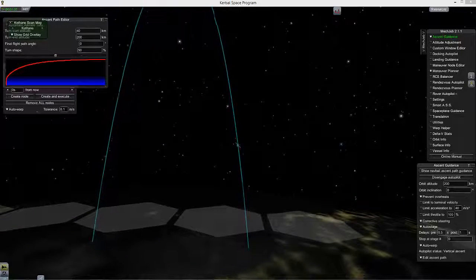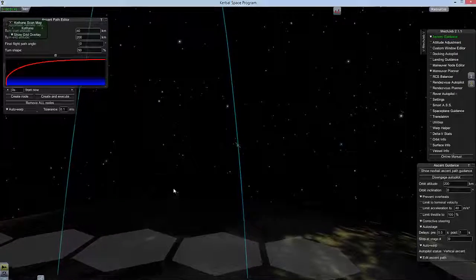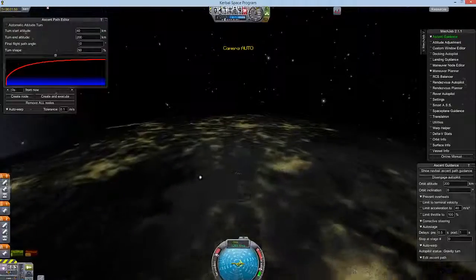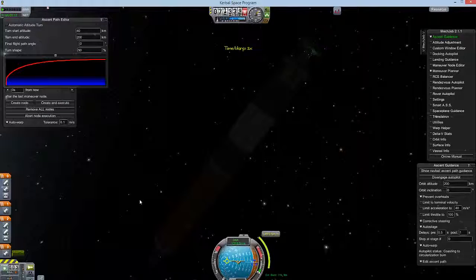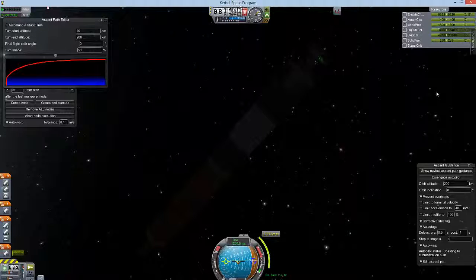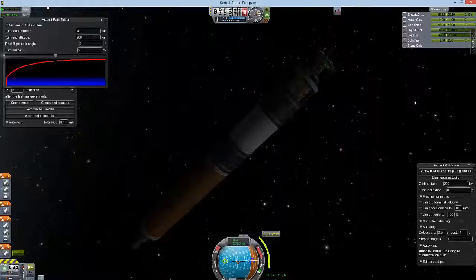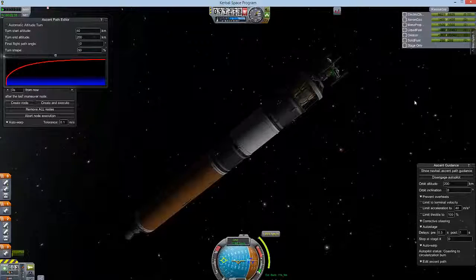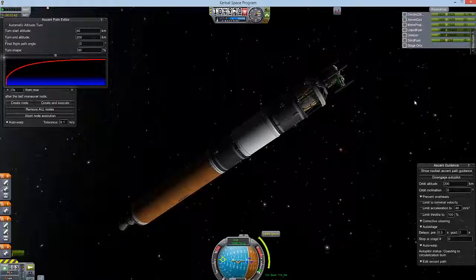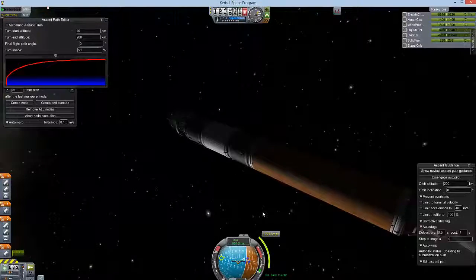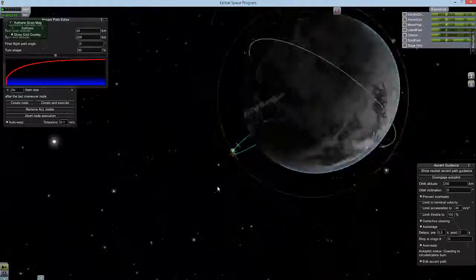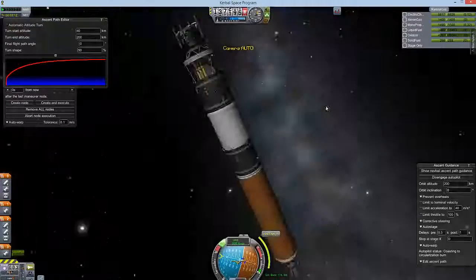Now you see we're building up both horizontally and vertically. We're turning at an angle, and eventually it's just going to level out at 200K. It's only a couple more seconds until I shut off the fuel, and we're going to be completely leveled out.